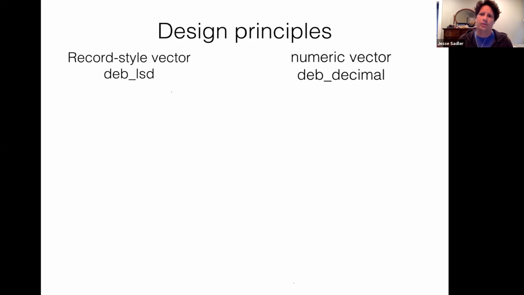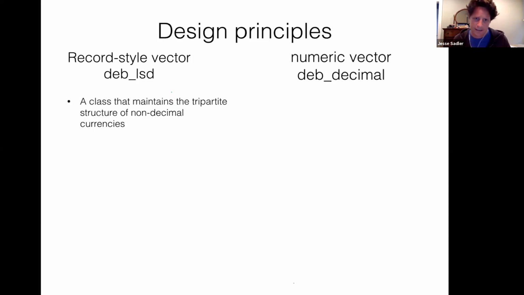But I also wanted a numeric vector that is essentially decimalized that I could fall back to. So I want a class that maintains the tripartite structure of non-decimal currencies, right? So 3 units, 1 value. I want it to track the basis of the shillings and pence units, which is something we can do with an attribute of the class.